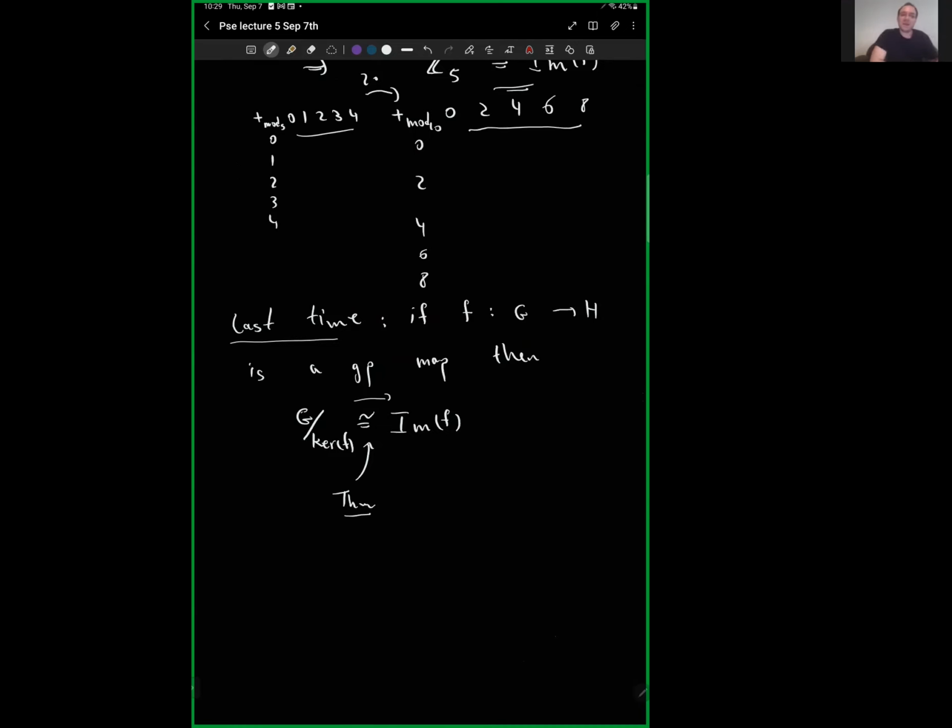Okay, so we are going to talk a lot about finite abelian groups. When you consider finite groups in general, there is a very natural notion.